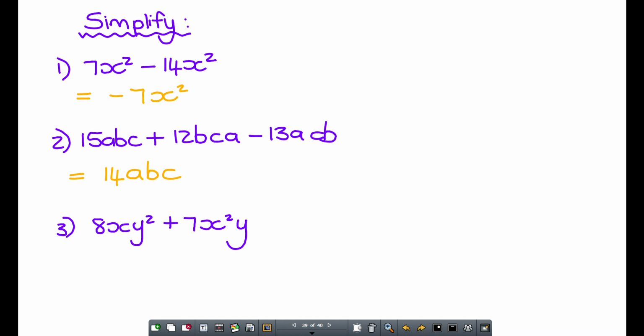Okay, now let's look at number 3. Look at my unknowns. X and x squared. So are they the same? So immediately I know they're not like terms. So can I go and add? I can't add. I can only add or subtract like terms. What's happening here is I'm saying 8 bananas plus 7 apples.